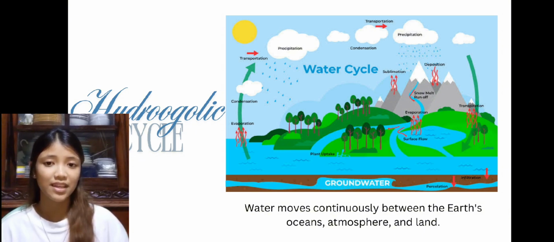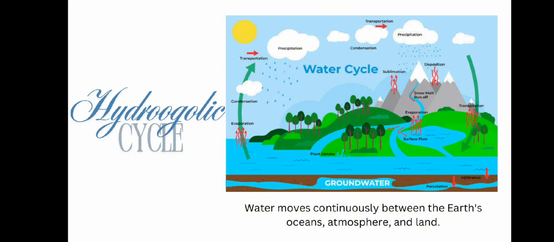And then the sun hits the water again, starting the whole cycle over. Human action can affect the cycle, just like the picture shown. Things we do like building cities, cutting down forests, and farming can disrupt the natural flow of the water cycle.